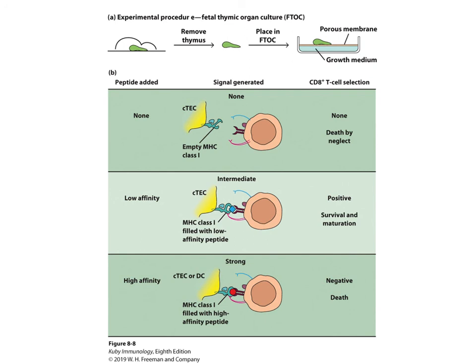We can have the peptide present, but because of the MHC that's present, we would end up having a low affinity to it, right? That's ideal, so that one gets to survive and go forward. We could have a different MHC, and that would cause a high affinity, and then we would end up getting negative selection, or death.